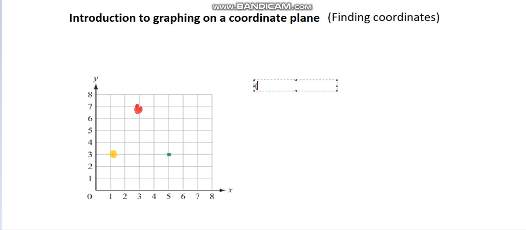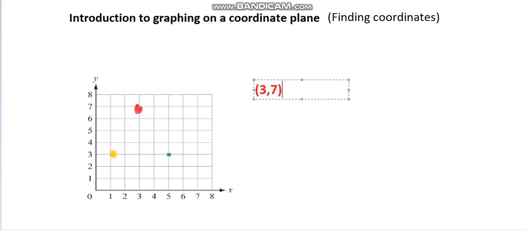So I can start plugging that in. That's 3 on the x-axis and 7 along the y-axis. That point lies on 3, comma 7. And there we go. We have identified that coordinate for the red dot.